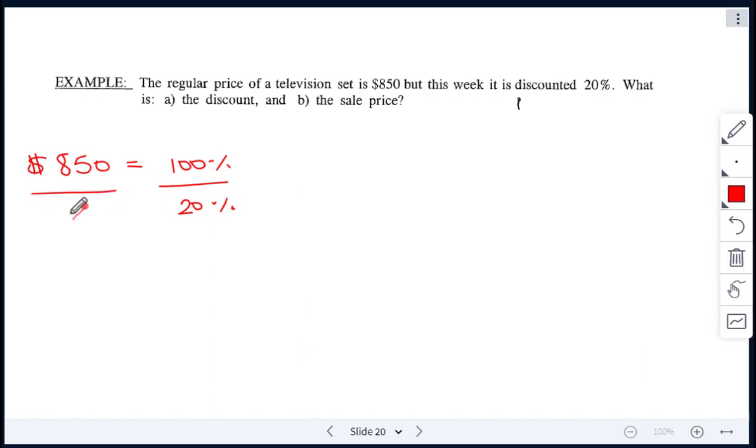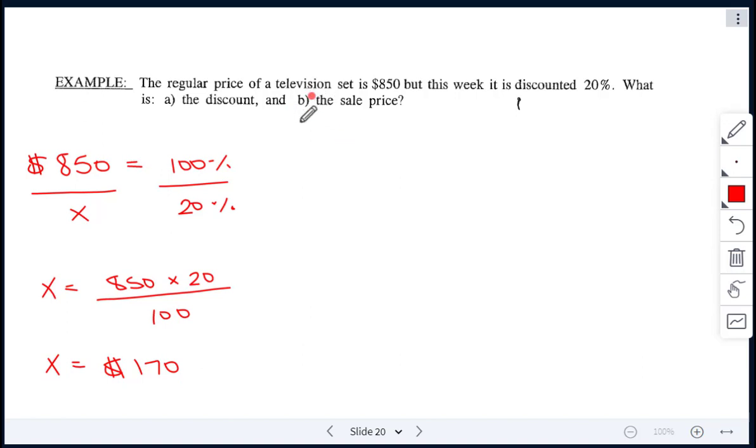So the first thing we have to do is, what is that discounted amount? What is the dollar value? So to solve for that, cross multiply. So 850 times 20 divided by 100, and that gives us our dollar amount of $170. That is the discount in the dollar values.